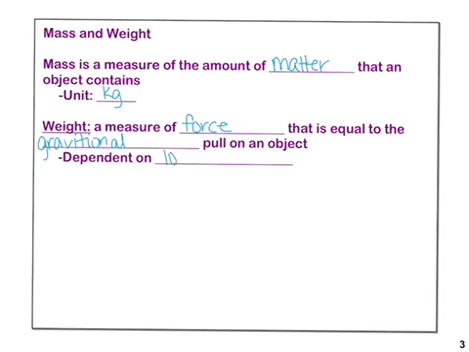It is dependent on location, and by location, I'm talking more so like location within space. Our weight on Earth doesn't fluctuate much due to gravity. It will a little bit, but not by much. So big thing here, weight is location dependent, mass is not.